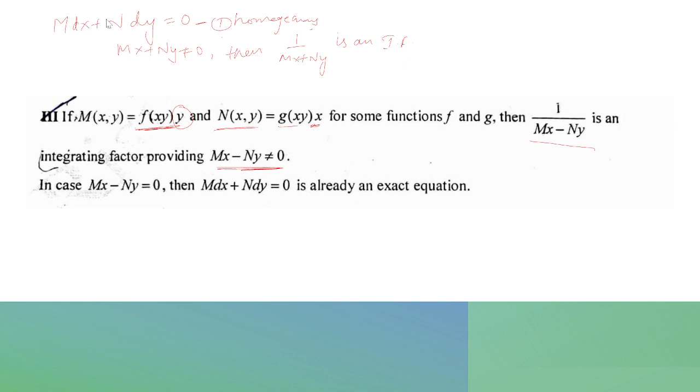And the second case is if Mx plus Ny equal to 0, then either 1 by x square, or 1 by xy, or 1 by y square can be the integrating factor.